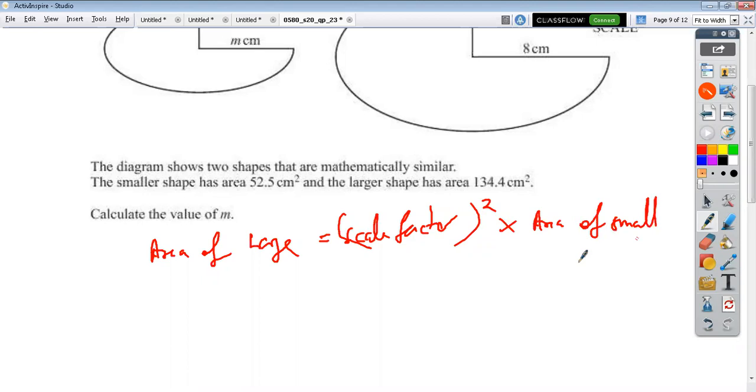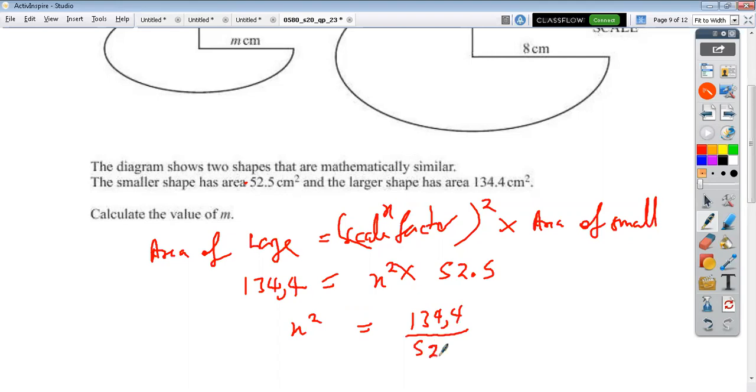I don't have it. So what is the area of the large there? It's 134.4, which is equal to, if this was x, then x squared multiplied by 52.5. Then x squared, you want to find x, is equal to 134.4 divided by 52.5. So the x now is simply the square root. Are we together?